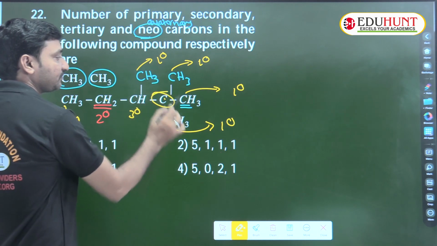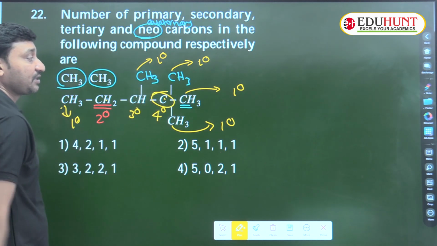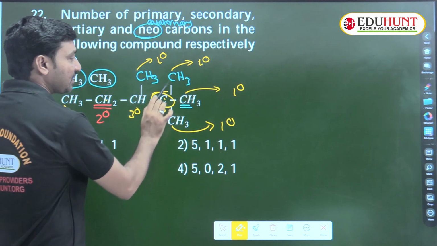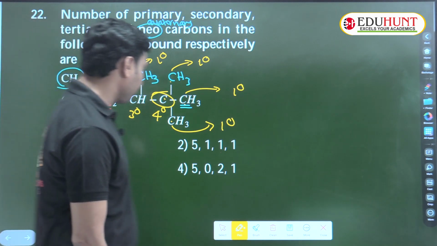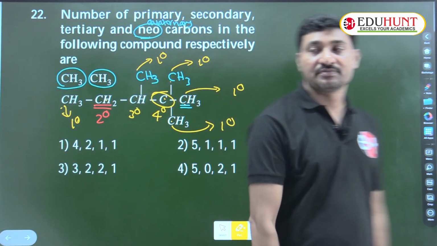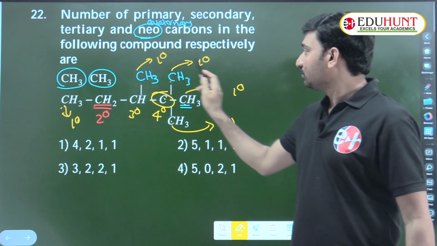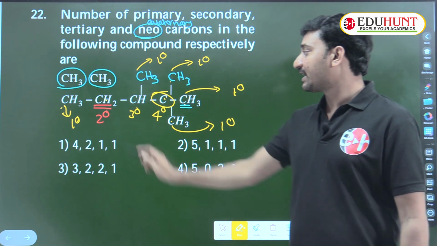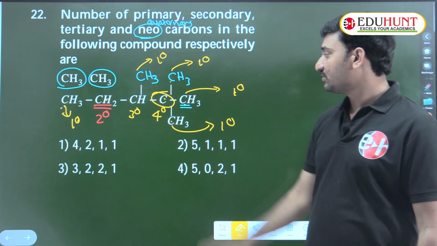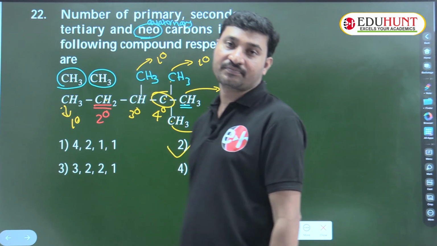And finally this one, it's quaternary, bonded to four carbon atoms, 1, 2, 3, 4. So finally 5 primary carbon atoms. Secondary 1, tertiary 1, quaternary 1. Then the right answer is the second option.